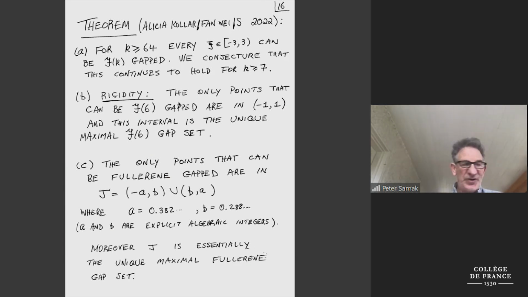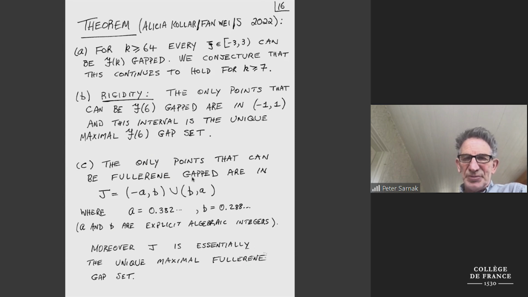And for fullerenes, the answer is even more pretty. So it's going to be more restricted than F_6. So it's going to be a subset of [-1, 1]. And the only points that can be gapped are algebraic numbers coming from some polynomial equations. So there's an interval [-a, a], and a is about 0.382.